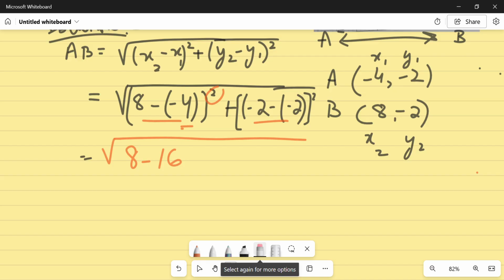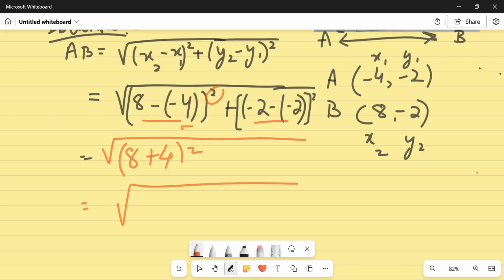Now here, 8 minus 16? Let me check. Minus minus is plus, so it gives you 8 plus 4, which is 12. My bad, students. 8 minus -4 is 8 plus 4, and then the square. 8 plus 4 gives you 12, and 12 squared is 144.